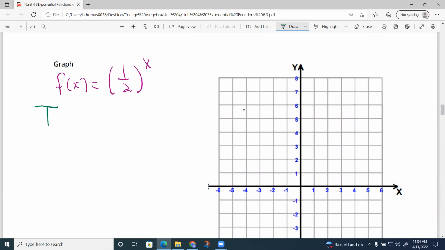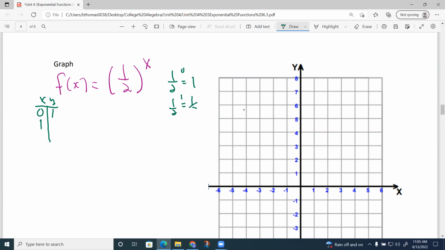So if I look at this equation, notice how the parent function is this 1/2 to the x. If I look at its ordered pairs, the second view is always a table. So this is the equation, now a table. If I put 0 in, notice 1/2 to the 0, anything to the 0 power would be 1. So that's that 0, 1 that we always talk about. That's going to be a point to start with in the parent function. If we put 1 in, 1/2 to the power 1 is still just 1/2.